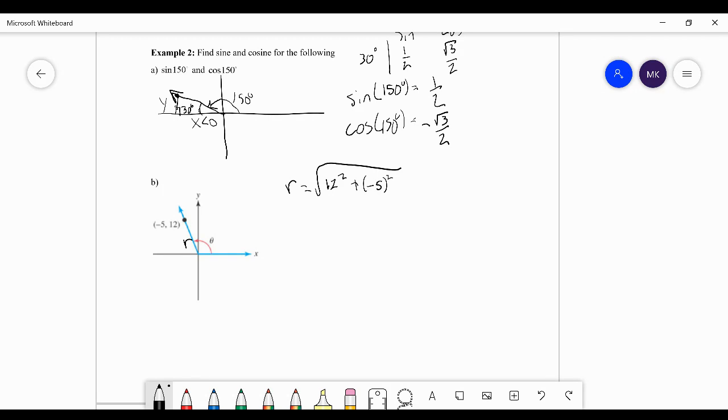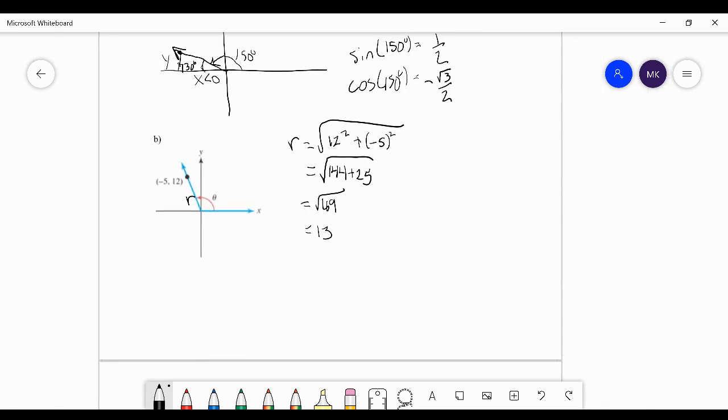This is also a distance formula in two-dimensional space, all built off of right triangles. If we square 12 and square negative 5, we get the square root of 144 plus 25, which is the square root of 169, which gives us 13. Look at that, that's really nice. I was nice to you, right?